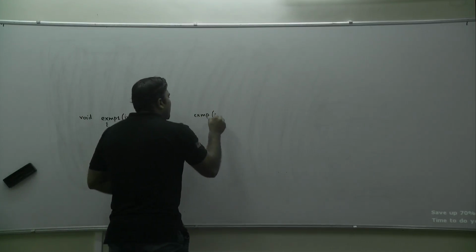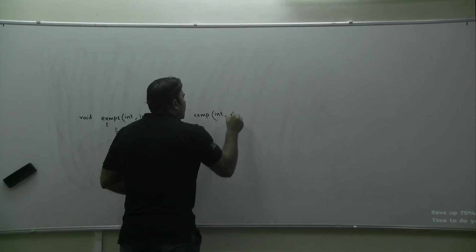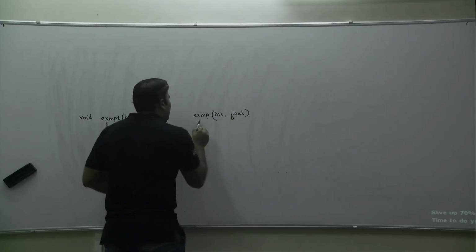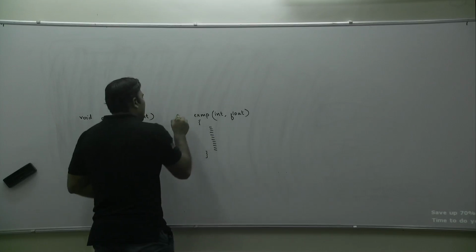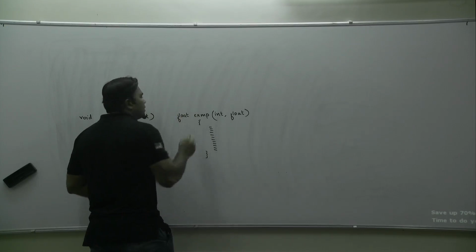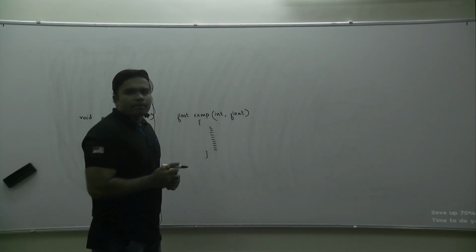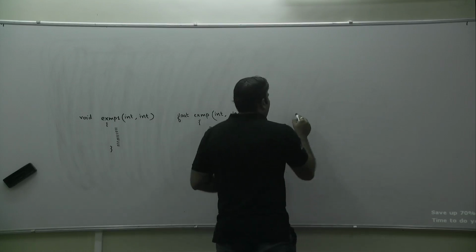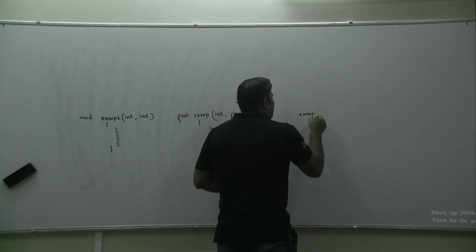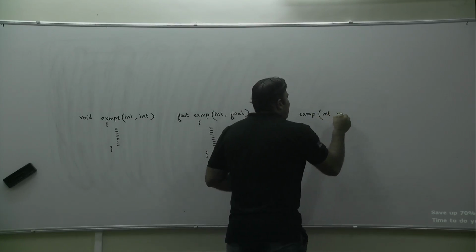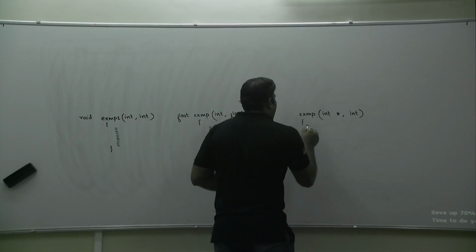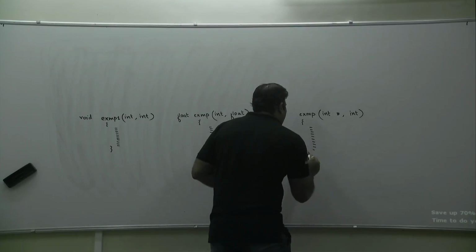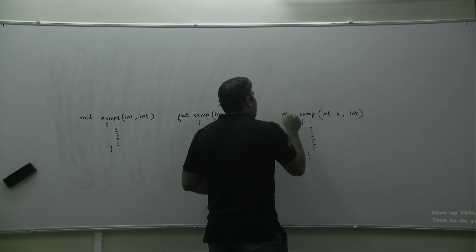exmp. It accepts one integer and one float as the parameter. Body something is there, I am not interested in this. And maybe the return type is float. Assume I have one more function which accepts an integer pointer and an integer, and maybe it is going to return an integer pointer.